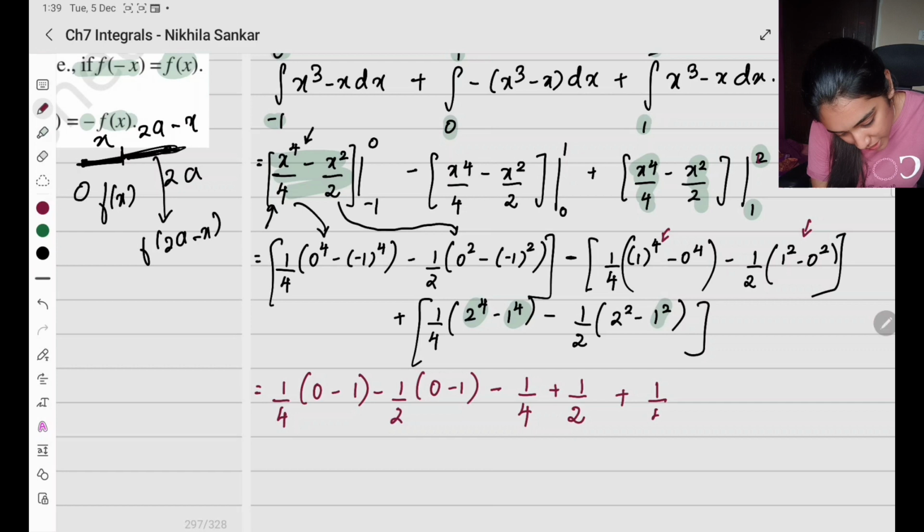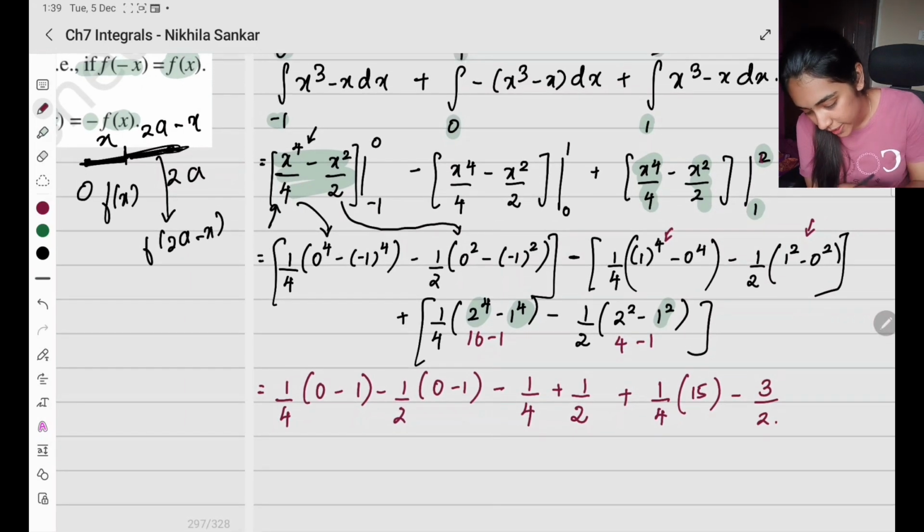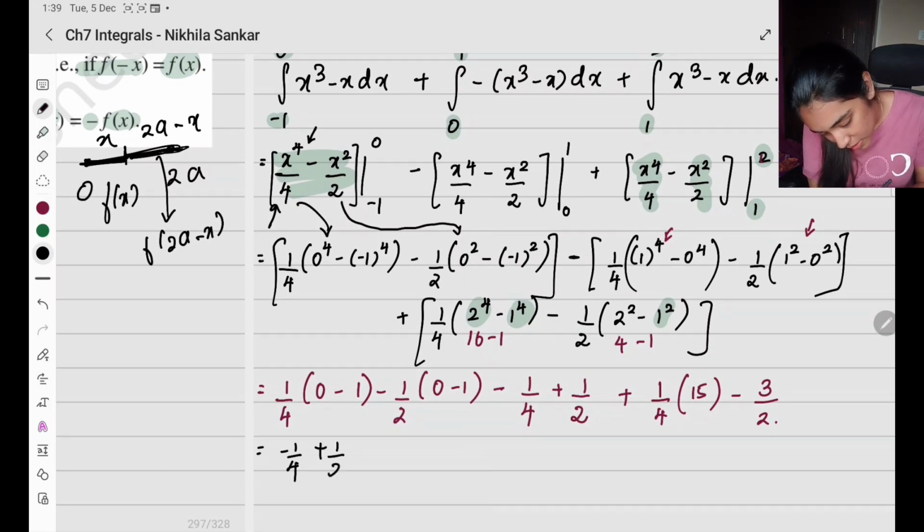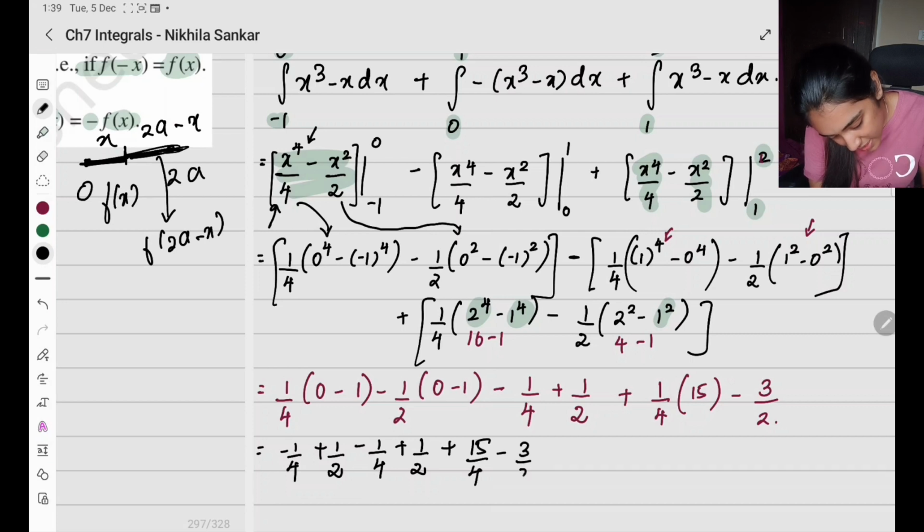Plus when I open this bracket, I have 1 by 4 times, here 2 2s are 4, 4 4s are 16, minus 1 is 15, minus this is going to be 4 minus 1 which is 3 divided by 2. Now when I simplify, I have minus 1 by 4 plus 1 by 2 minus 1 by 4 plus 1 by 2 plus 15 by 4 minus 3 divided by 2.